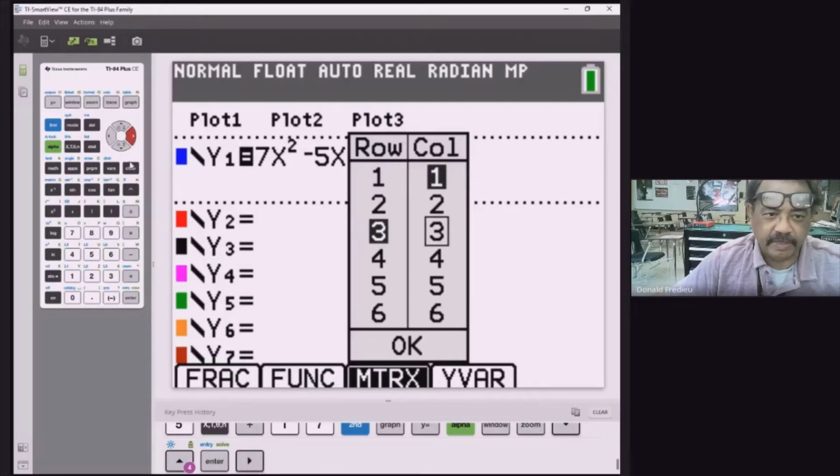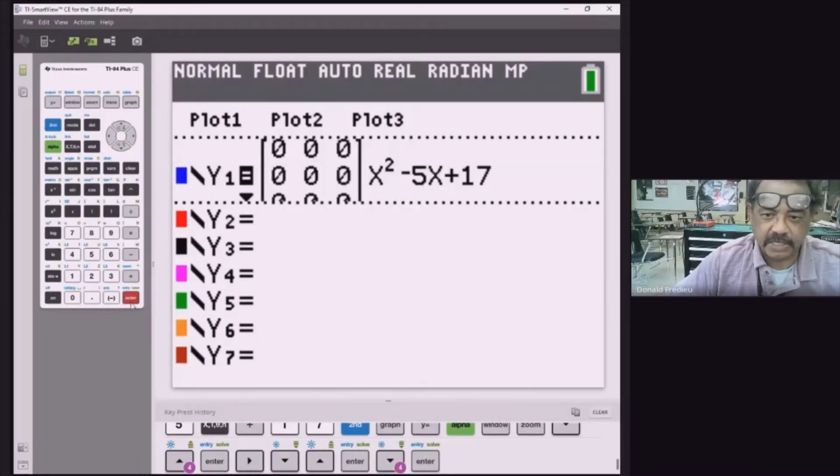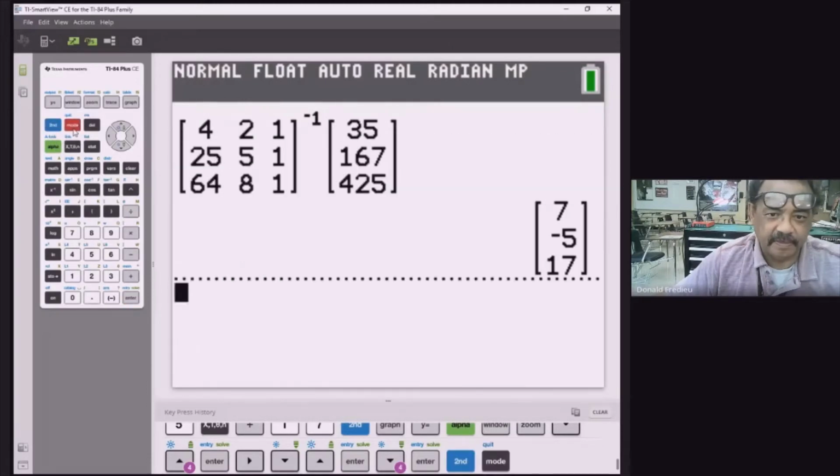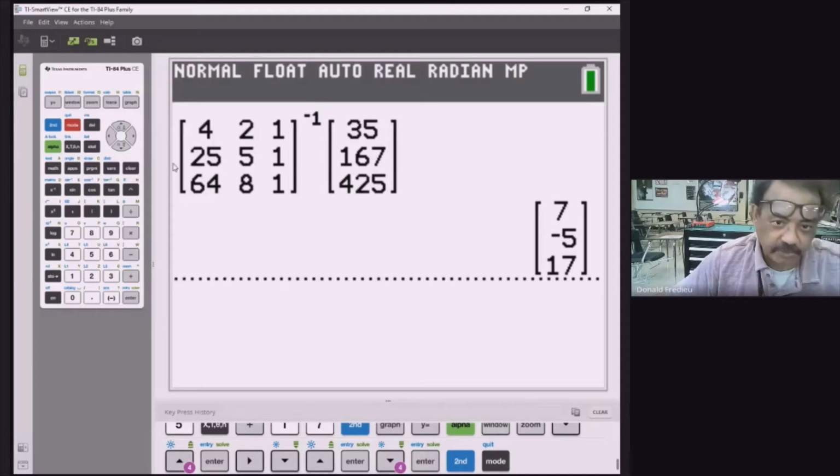Three by 3. Let's check this out. I want the matrix in here. So 4, 2, 1, 64, 8, and 1, 35, 167, 425.